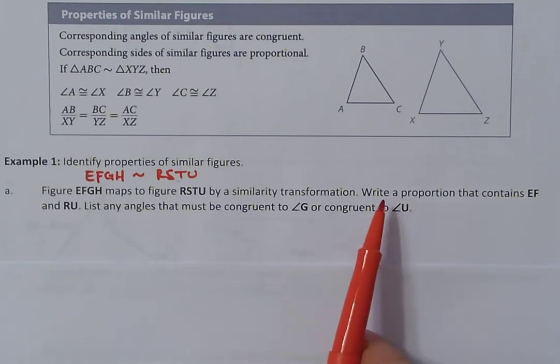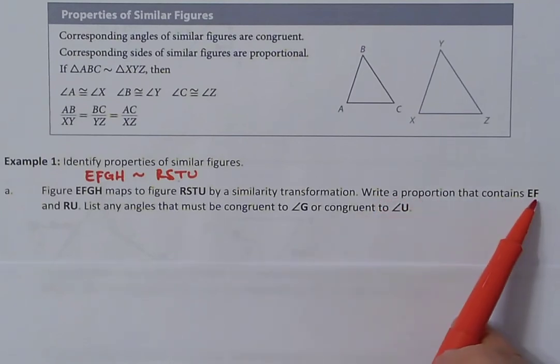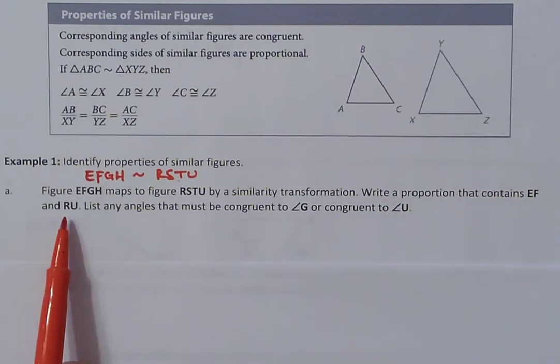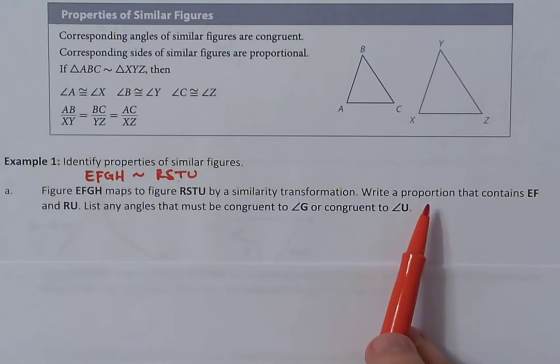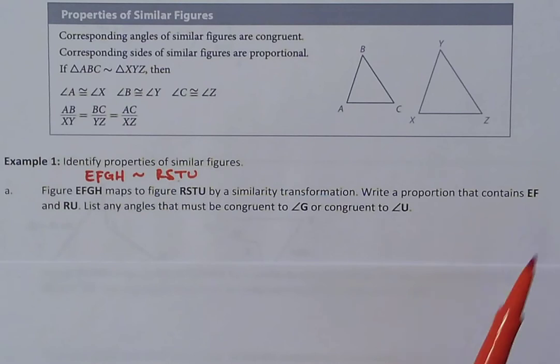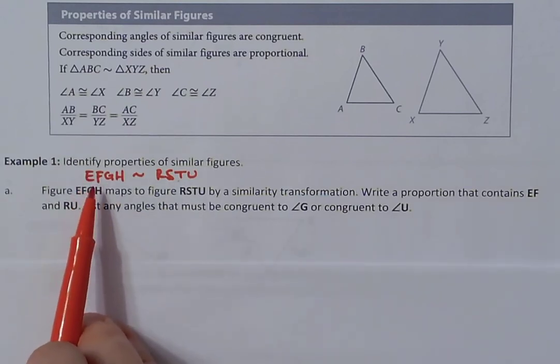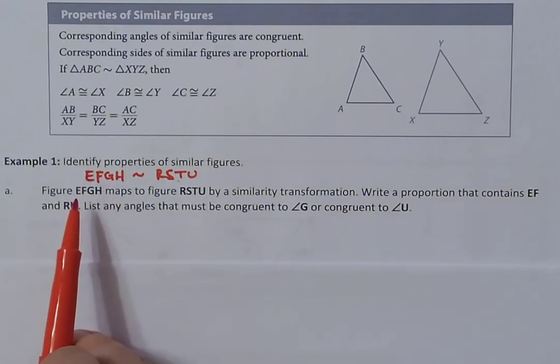All right, now it wants us to write a proportion that contains EF and RU. So we're going to deal with EF first, and then we'll come to RU. When we're talking about a proportion, it's going to be a fraction equals a fraction. So if we start with EF, EF happens to be in the first statement, so we're going to put that on top.